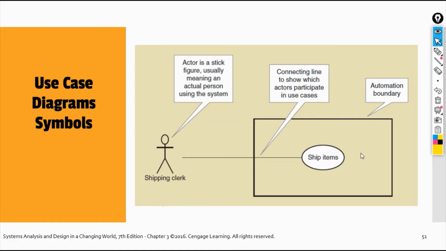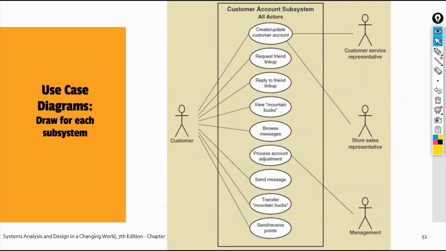So remember that you can create your use cases from the business events that you have identified, and events can be external, temporal, or state events. So here is an example of a use case diagram for the customer account subsystem.